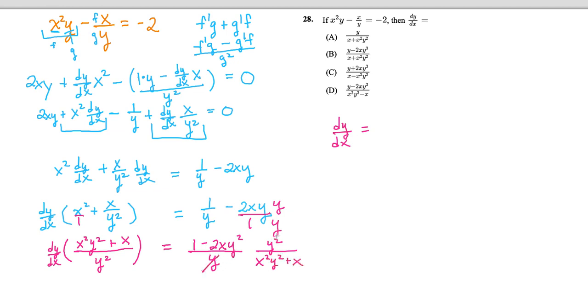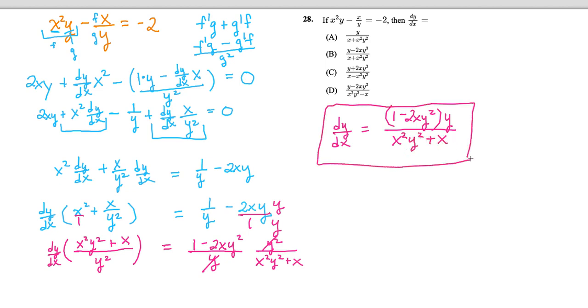So this y is going to cancel with one of those, and I'm left with 1 minus 2xy squared times y over x squared y squared plus x. And now this I could correctly identify, I believe. If I distribute the y in, I'm going to get y minus 2xy cubed.